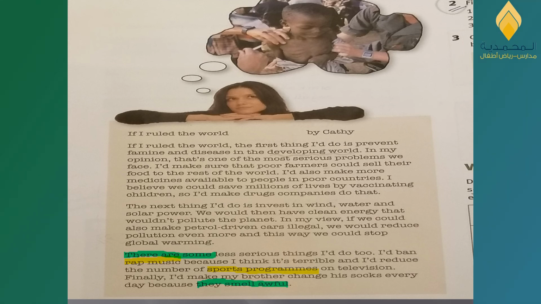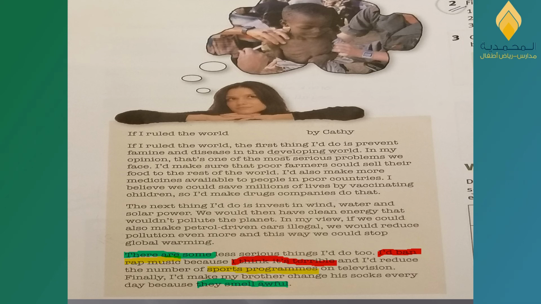What expressions or phrases did she use to say that she didn't like those things or that she wanted to change them? The first one was I'd ban. Ban means that she wants to stop rap music. Okay? And again, she gave her opinion of why she wants to change that situation because they are terrible.